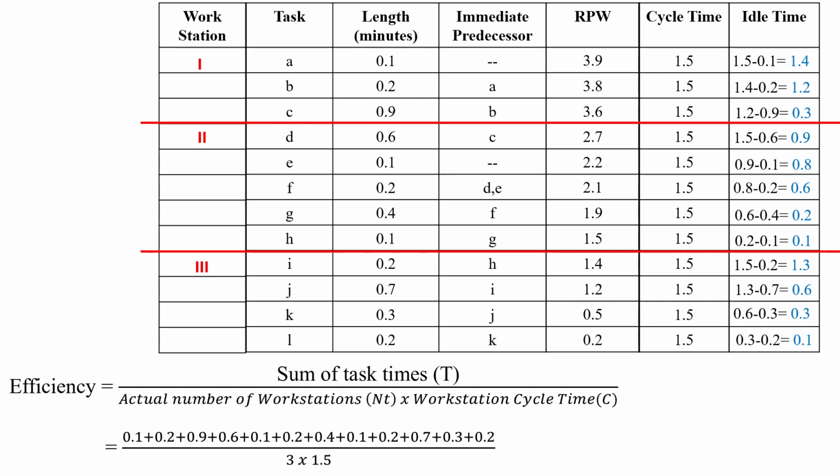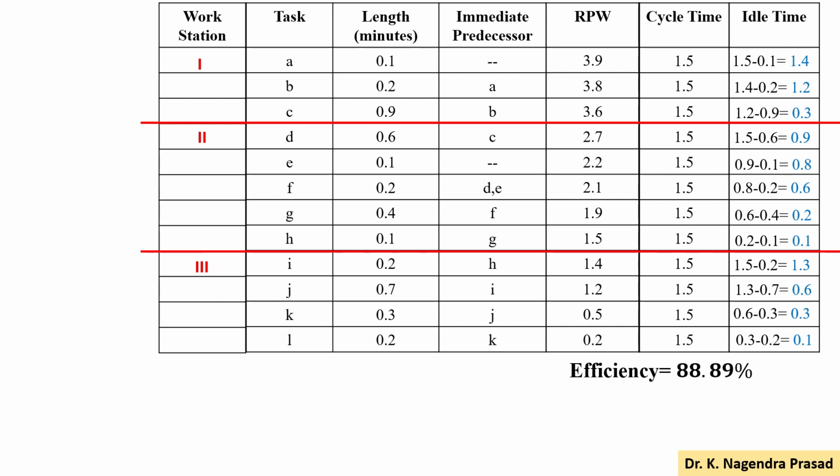That is 0.1 plus 0.2 plus 0.9 plus 0.6 plus 0.1 plus 0.2 plus 0.4 plus 0.1 plus 0.2 plus 0.7 plus 0.3 plus 0.2, divided by number of workstations, which is 3, and workstation cycle time, which is 1.5. Then efficiency will become 4 divided by 4.5, which is equal to 88.89%.